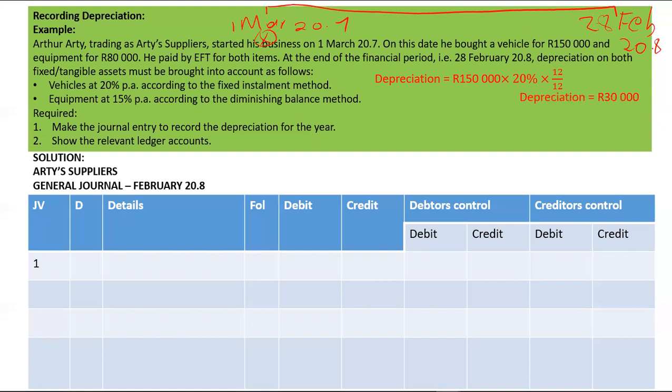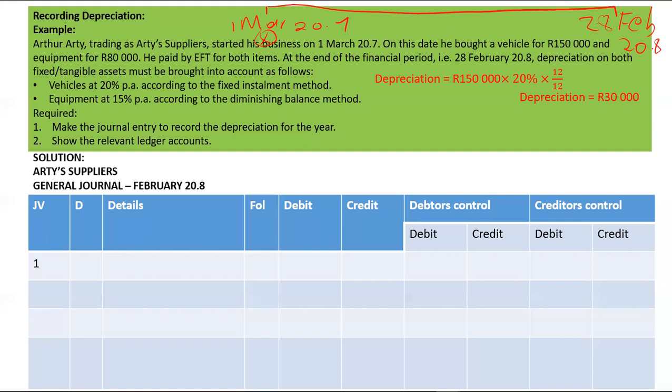Note that on vehicles, we are calculating depreciation on the fixed installment method. However, on equipment, it will be on the diminishing balance method. And when you calculate depreciation on the diminishing balance method, you first have to find the carrying value. However, in this specific example, the carrying value will be the same as the cost price.